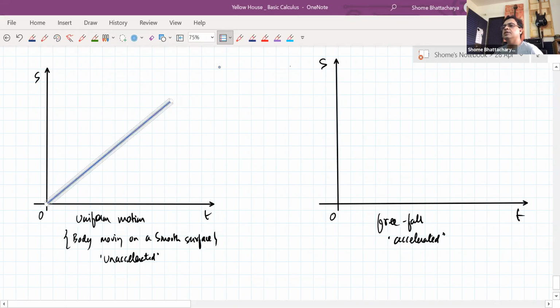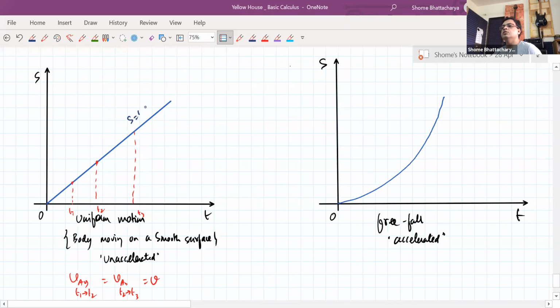This was distance versus time there, but now something like this is distance versus time here. So here we can see that whether we take this time interval or any other time interval, it's all the same. V average from T1 to T2 is equal to V average from T2 to T3, which is equal to the uniform V, because our S was equal to Vt.